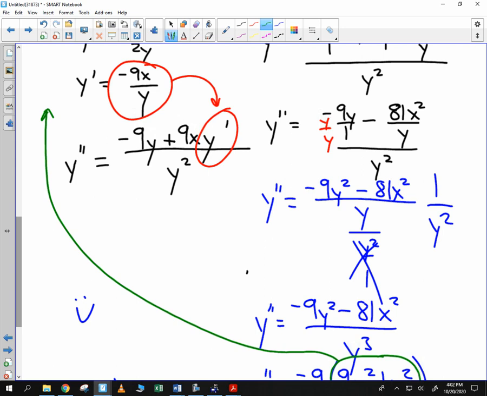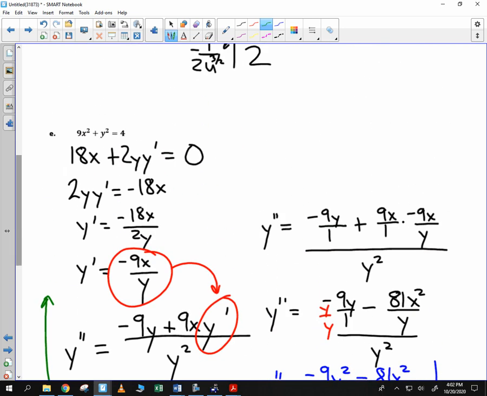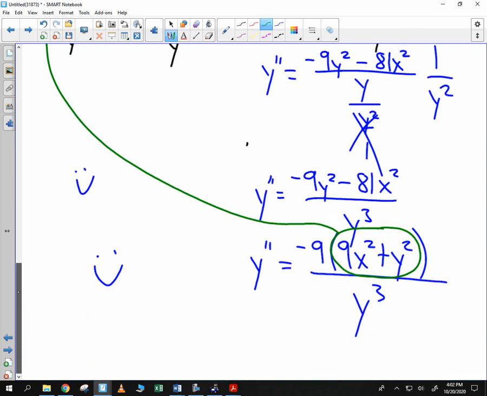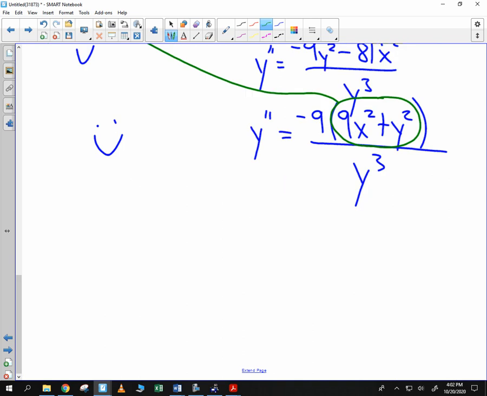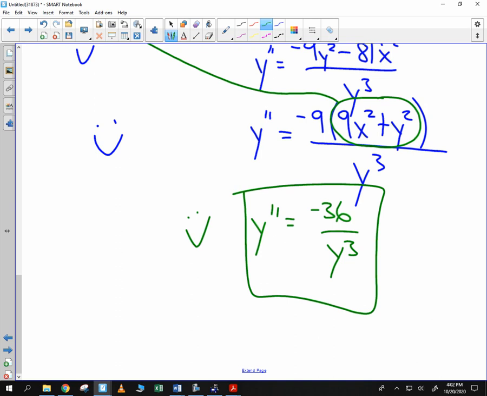We've seen it before. It's right there. It's 4. And so therefore, when you multiply that by the -9, y double prime is negative 36 over y cubed. That, my friends, is the answer. That's pretty. That's beautiful. Soak it up.